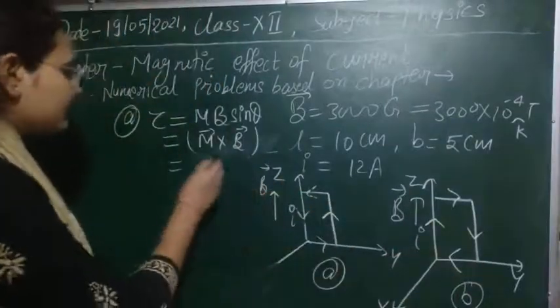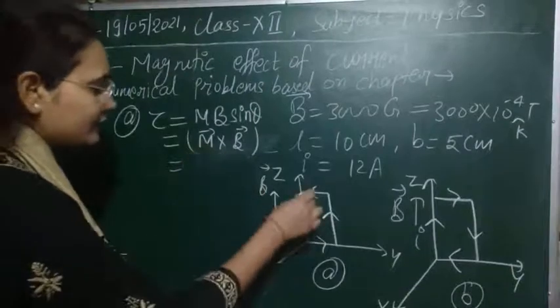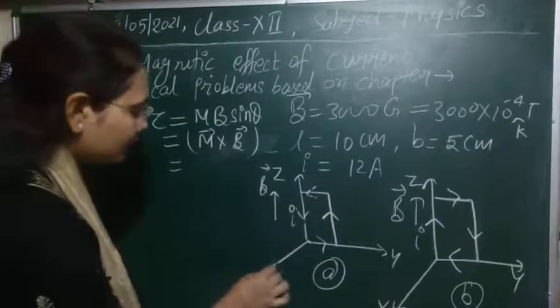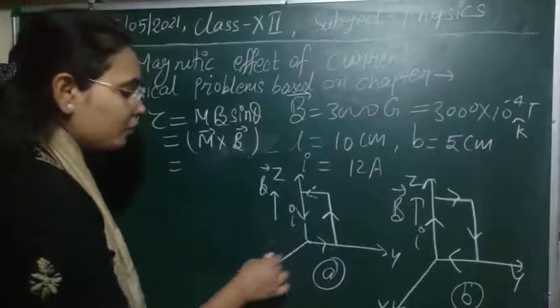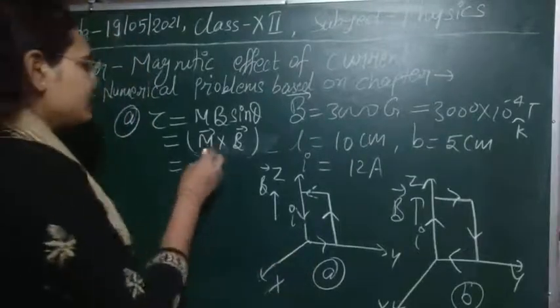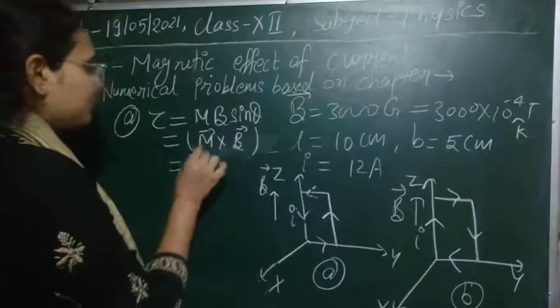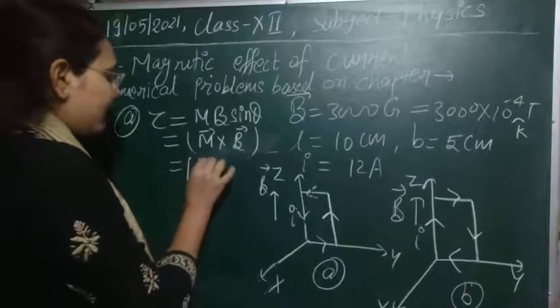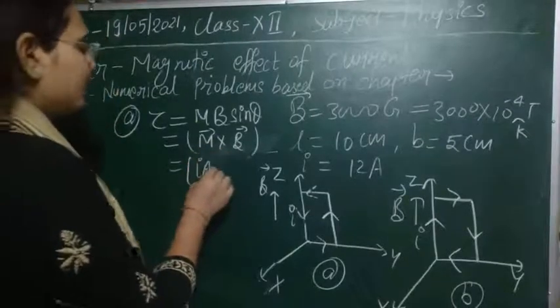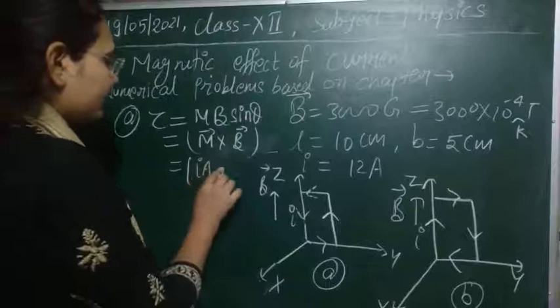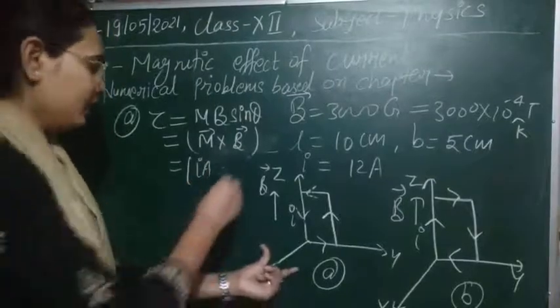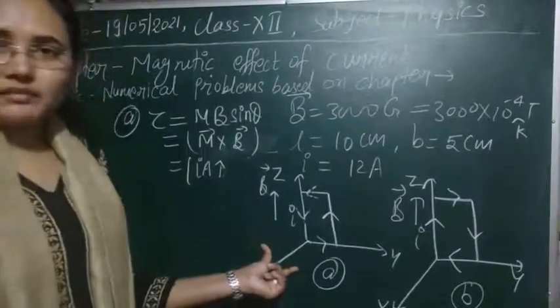So in this case, if it is anti-clockwise, the magnetic moment is along the positive x direction. So we can write the magnetic moment as IA times the direction vector, and along x the direction vector is i.